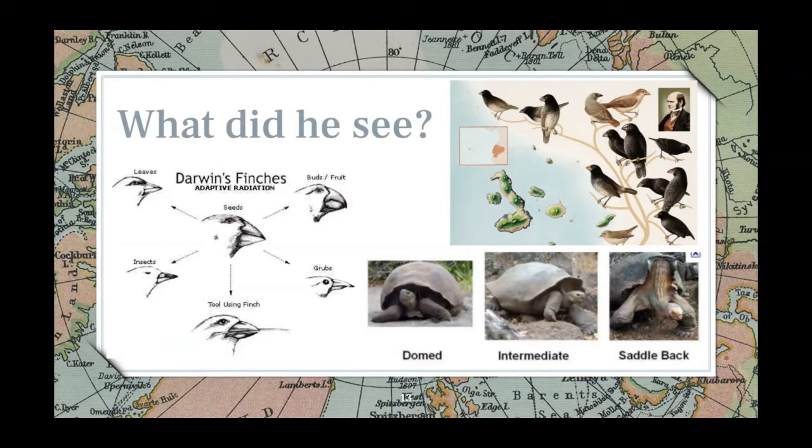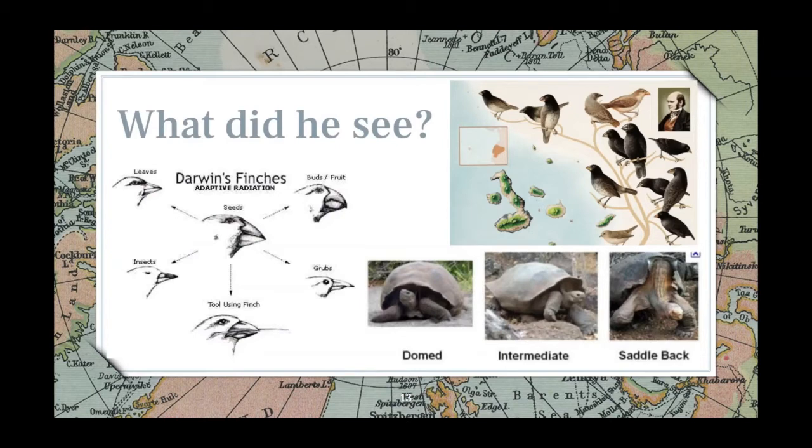Their beak size was very different depending on what kind of food was available in what kind of locations on the islands. And as you can sort of see in the image that you have, different beaks make a bird more highly adapted to be able to eat certain types of food. And what he also was able to figure out is those types of foods happen to be more prevalent on those islands where you found those types of beaks.